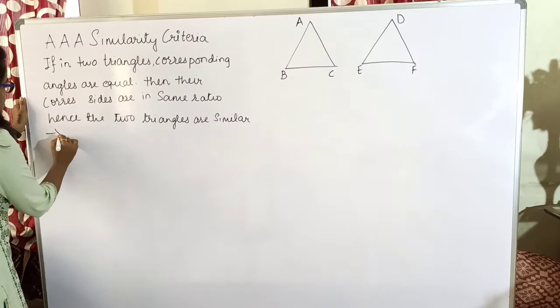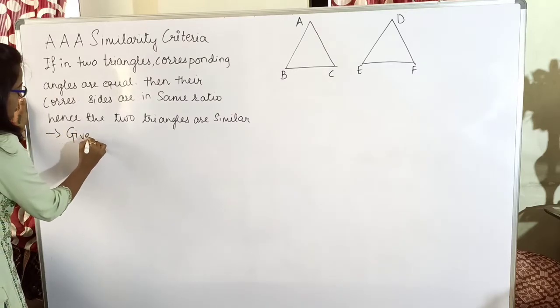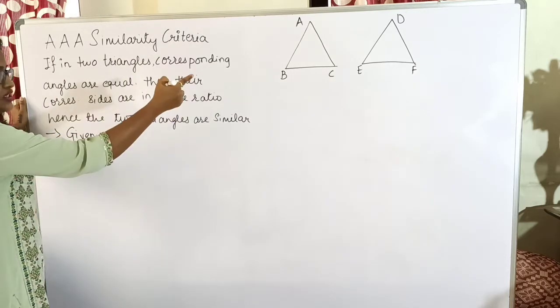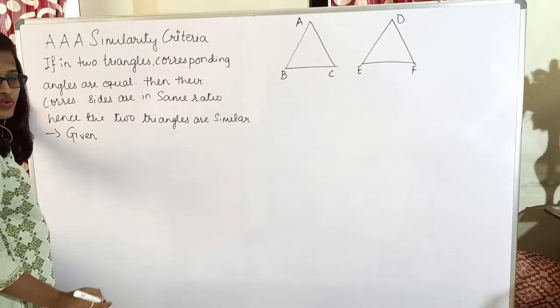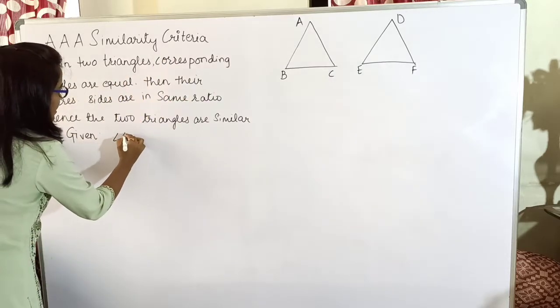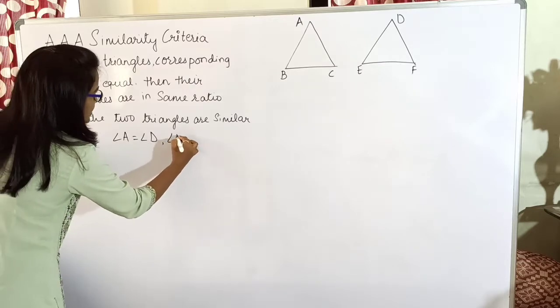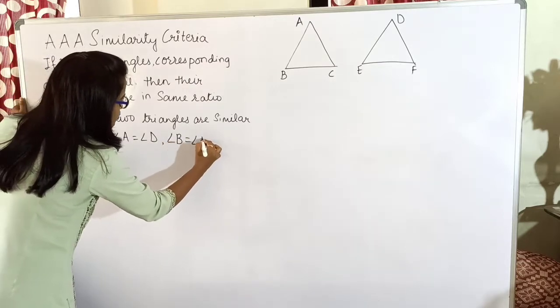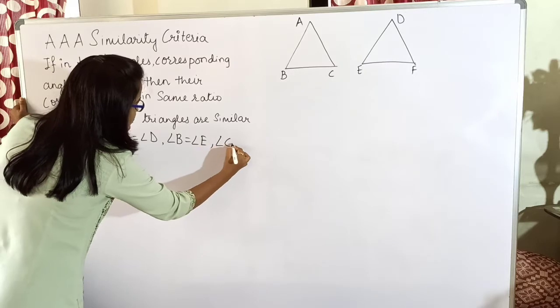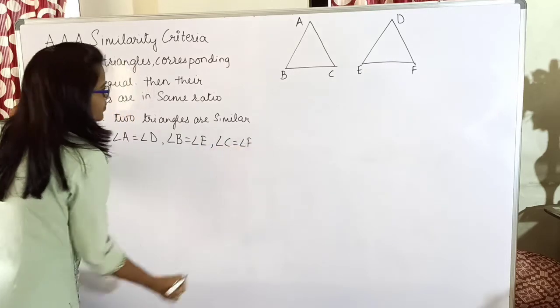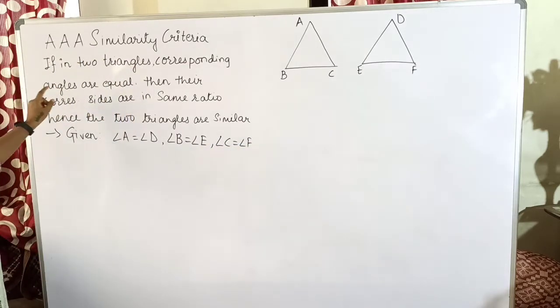So your given information would be that I want ABC to be similar to DEF. By the order, angle A will be equal to angle D, angle B will be equal to angle E, and angle C will be equal to angle F. So this is your given information.